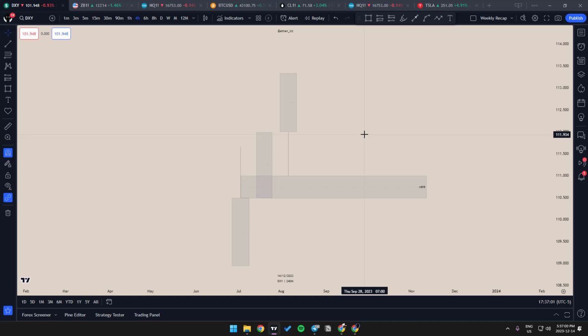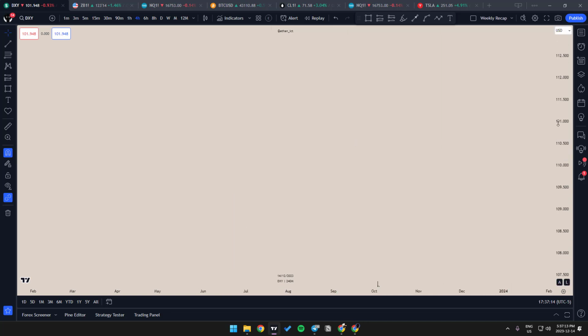When determining breakers, do you use clean structure with your high, low, higher high, lower low? Can one candle be responsible for a high? Yeah, so one candle can be responsible for both the high and the low. So then we're going to have to think back to candlestick anatomy, right?